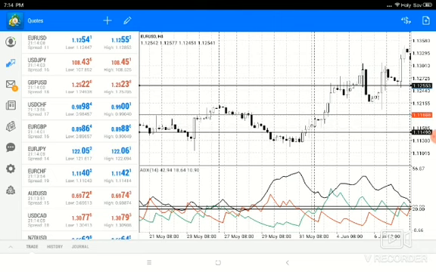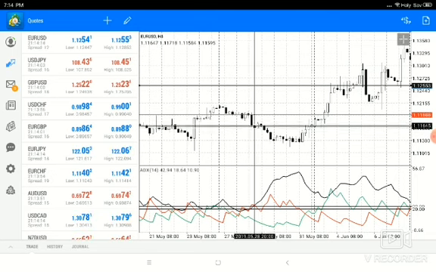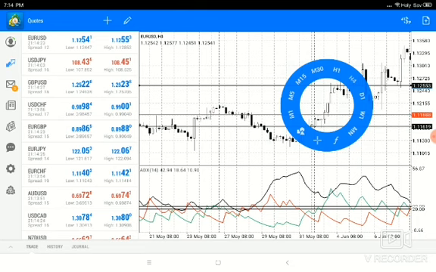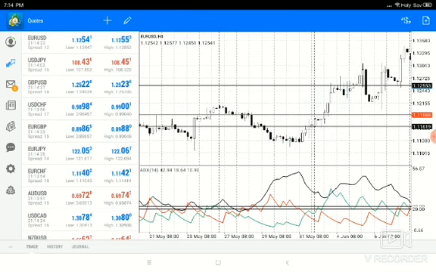Now my target should be around here. I'm not going to allow the candle to get inside the next box if I set my take profit. So my take profit should still be in that box, or I should not enter the next box. Then my stop loss should be at the previous candle.